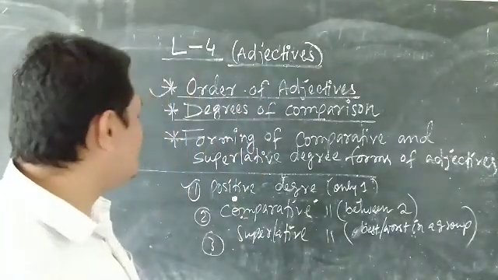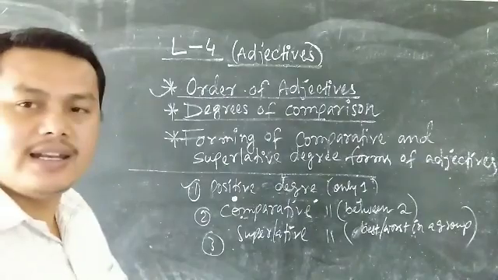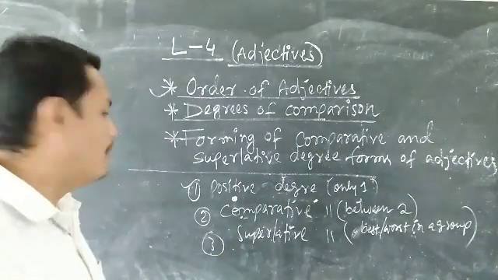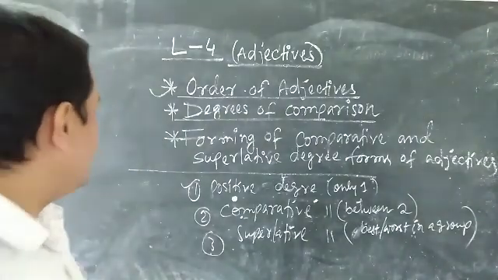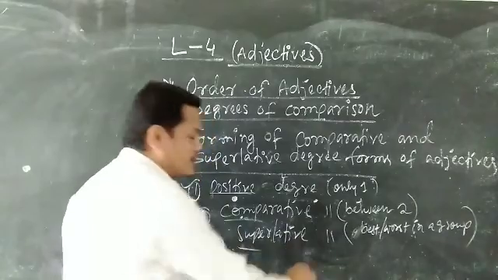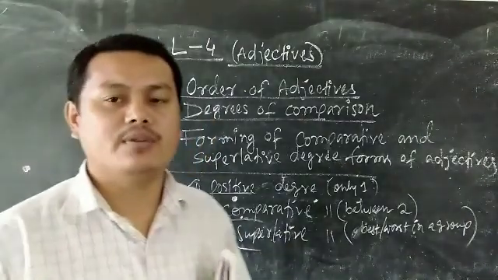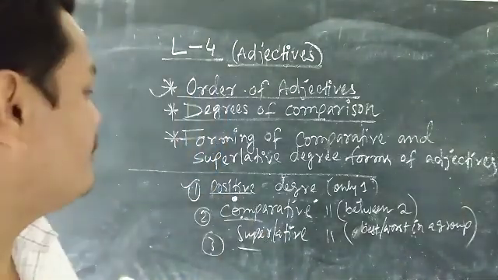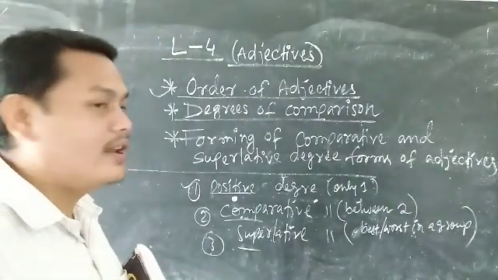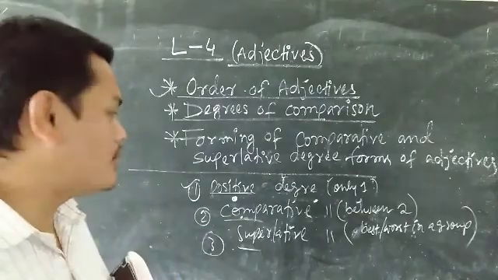I am sure you have been using these words, and in our daily lives too we have been using these things. But from an exam point of view, you must remember this one. You will be asked this question in the exam: define comparative degree with example, or define superlative degree with example. So it's better to know. Whenever there is no comparison, that is positive degree.